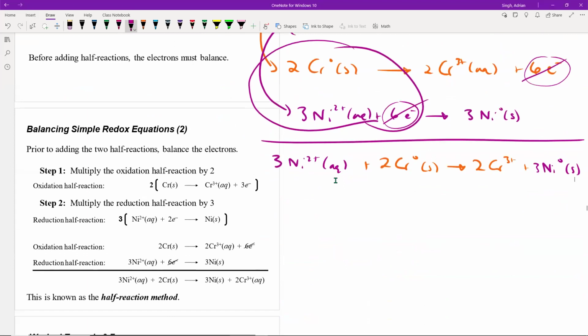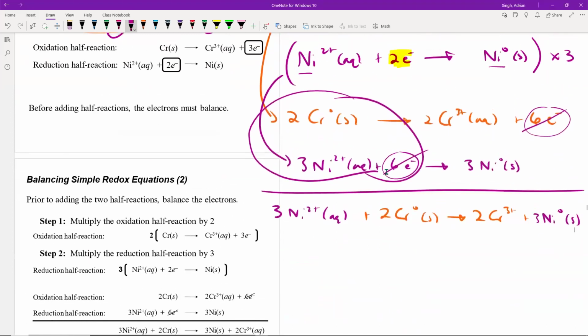Okay, so if I look at my overall equation, I can confirm 3 nickels on the left, 3 nickels on the right. 2 chromiums on the left, 2 chromiums on the right. So the equation is balanced in terms of the types of atoms. If I look at my charges now, on the left side, I have 3 times 2+, that's 6+.